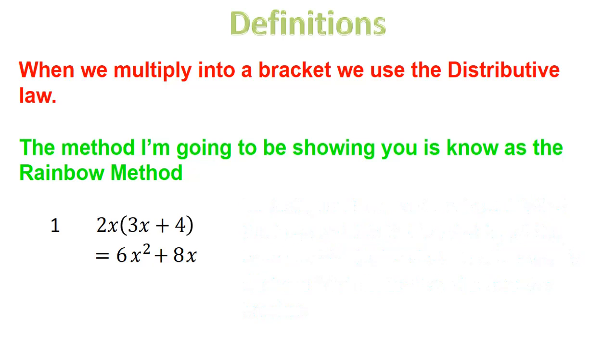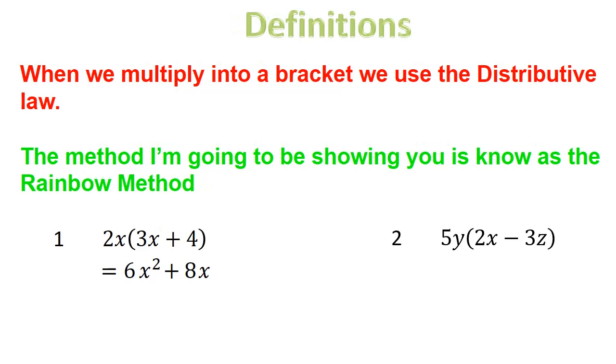So let's look at another example. Example 2. 5y into 2x minus 3z. Again, we start off by building our rainbow from our 5y to our 2x and our 5y to our negative 3z. And now we multiply.